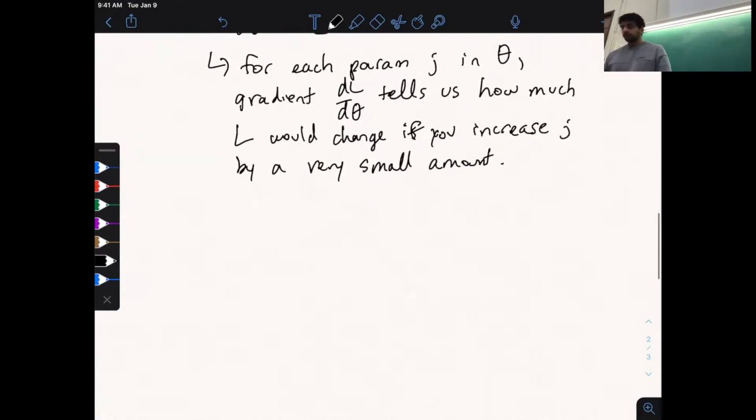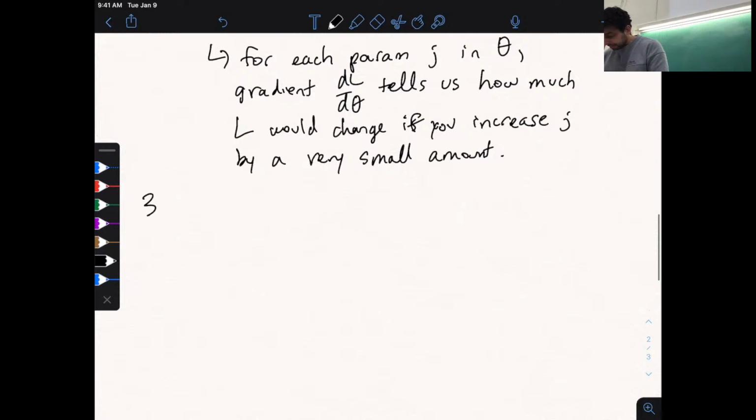Okay, so that is generally, at a high level, the concept of the gradient. And one of our major goals is, given the loss function and the network, compute the gradient and then use that to determine how we should update our model to minimize the loss function.